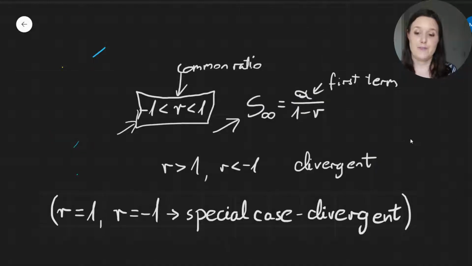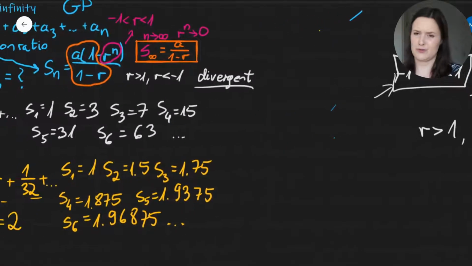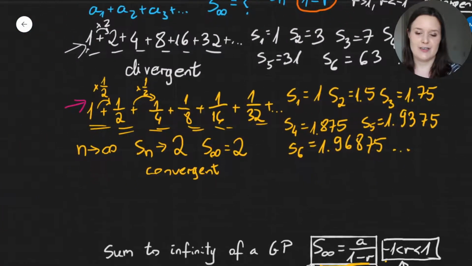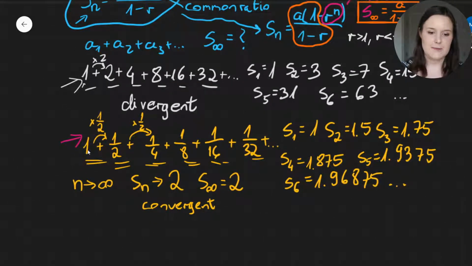Since I know this formula, I can come back to my example that we started with, where we guessed the sum to infinity, which was not really nice. We shouldn't guess, we should calculate. In the example I gave you at the beginning, before we knew the formula, we had the geometric series with the first term 1 and the common ratio half.